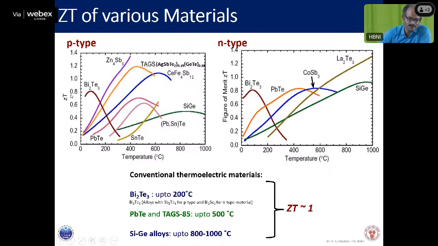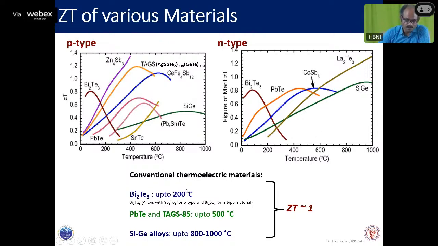You can see that for this material the ZT value is very high at low temperatures. Similarly, for these materials the ZT value is high compared to here at relatively higher temperature. So it depends on what temperature range you want to use your device in, and accordingly you can choose the material.